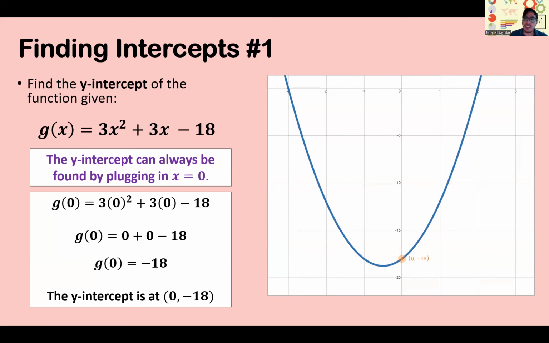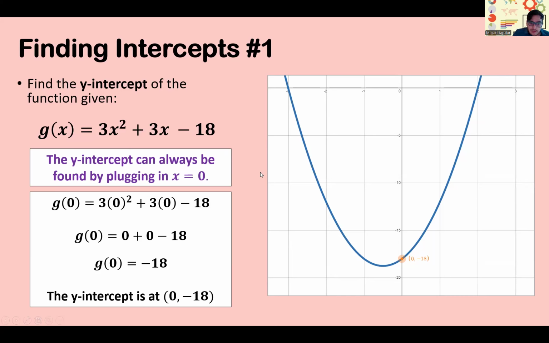So again, we're using Desmos just to check ourselves, but you want to be careful that you're not using it as a crutch, right? You want to make sure that you understand what's going on in the math and not use Desmos to get your answers, because you won't be able to use Desmos on the test. Just use it as a double check when you're going through the homework or the review. Okay.